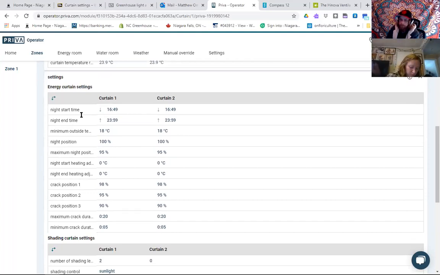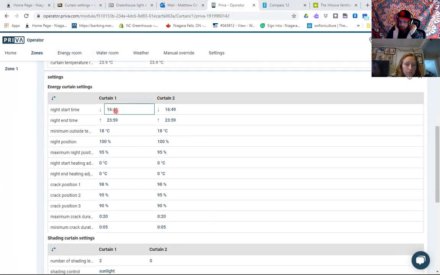The first few boxes here are set for energy savings.